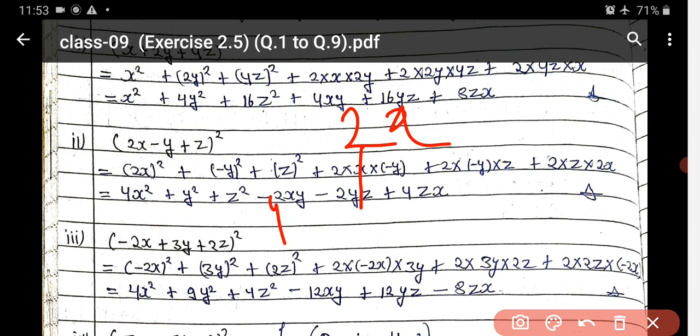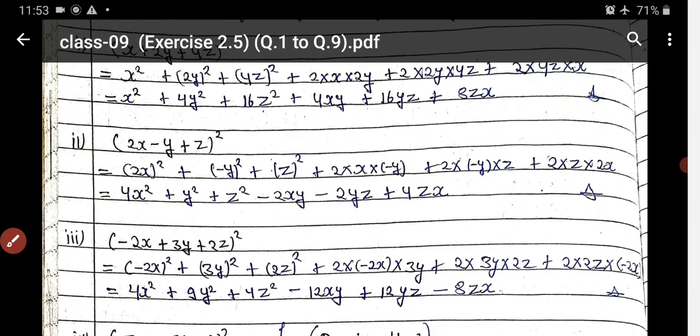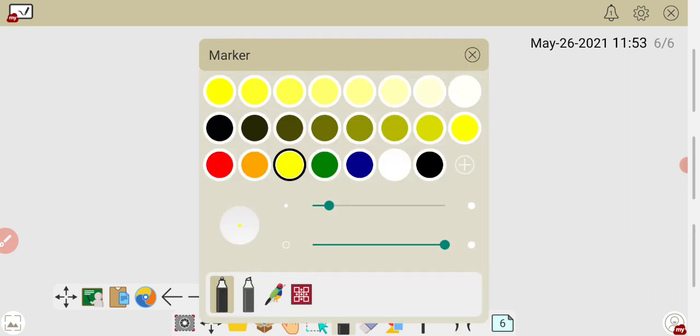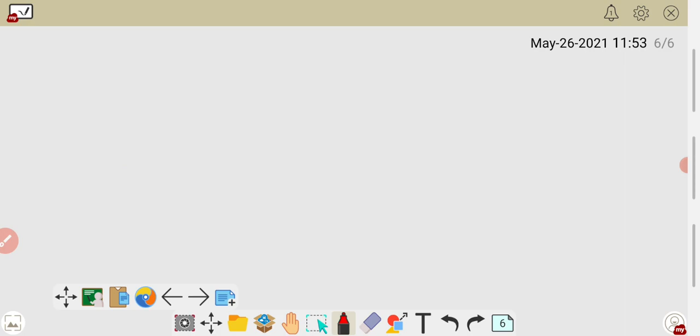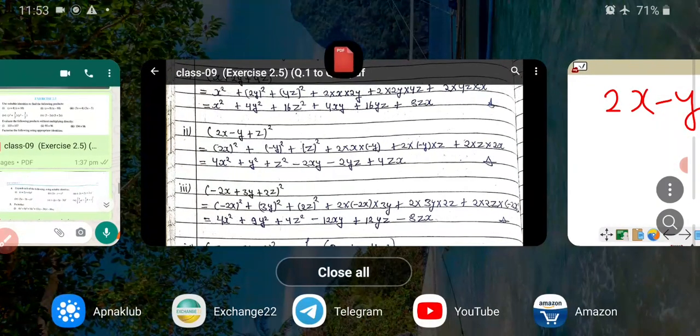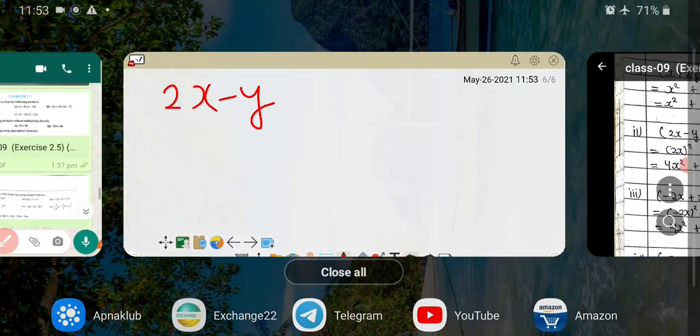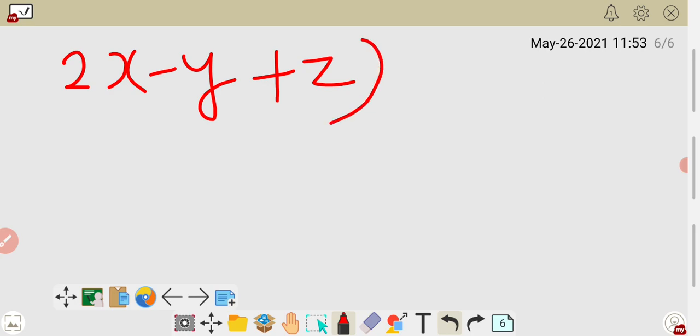Okay, do one thing, I am going to ask this question on the whiteboard. Directly now, then you can write this question from that board portion. 2x minus y plus z whole square. Just see here, directly I am solving on the board. 2x minus y plus z whole square.